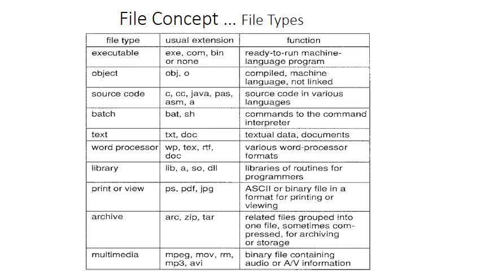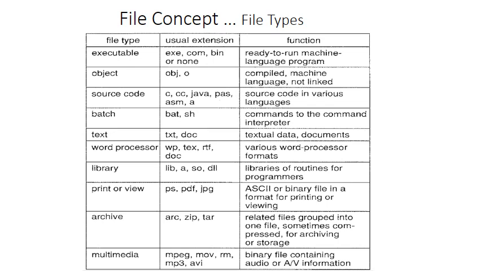Then we have the print or view file type. The extensions usually are .ps, .pdf, .jpg. They contain the ASCII or binary file in a format for printing or viewing. Next is the archive type of files, which contain the extension as .arc, .zip, .tar.